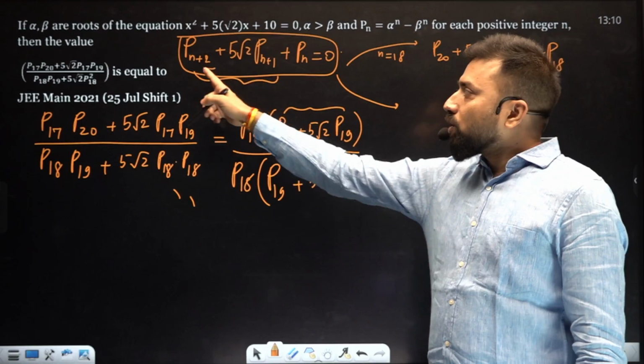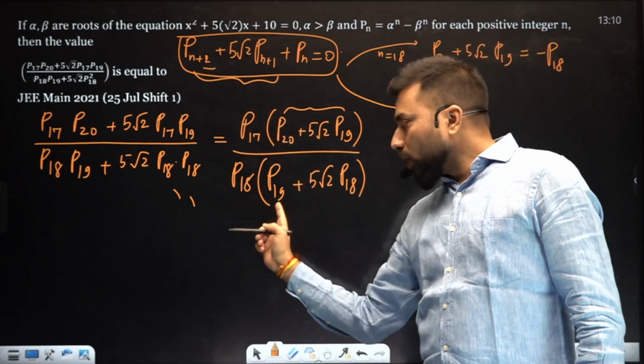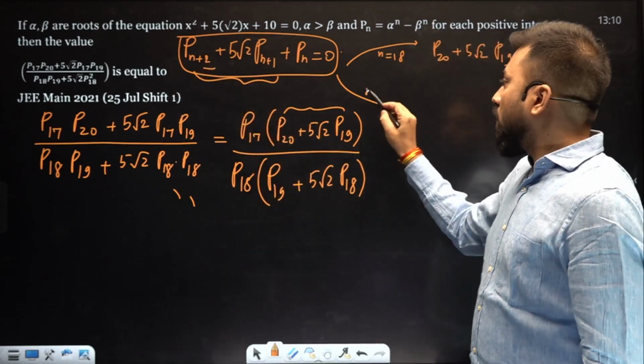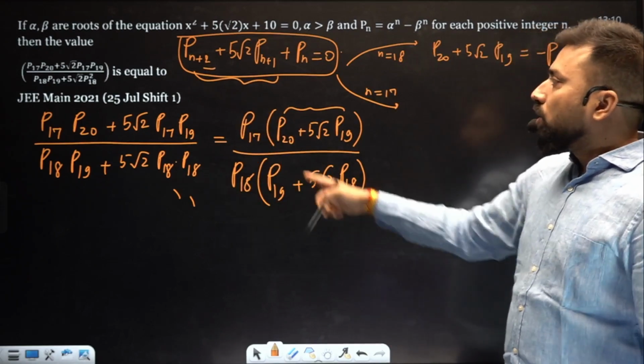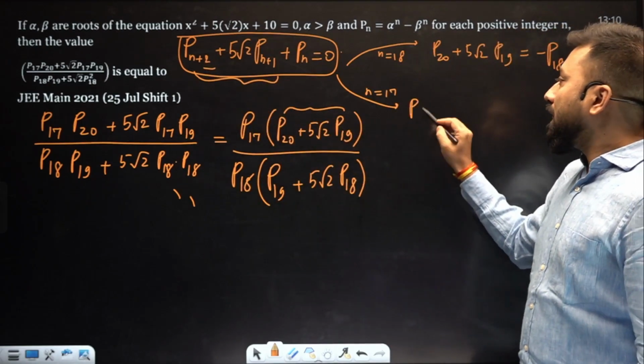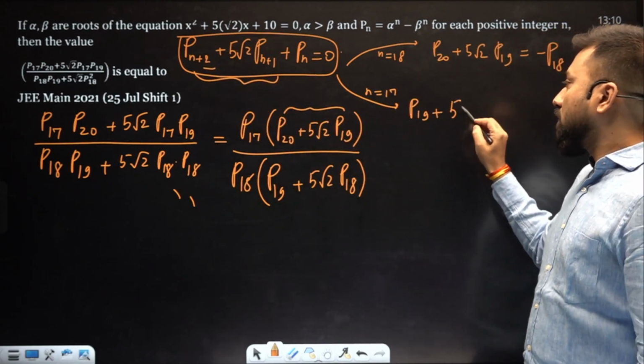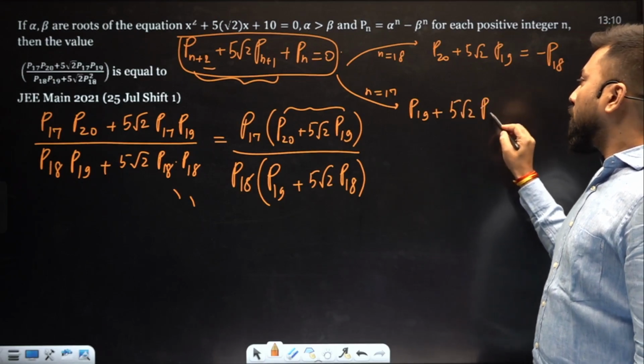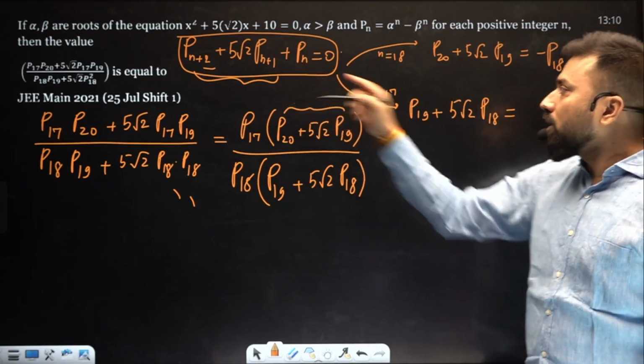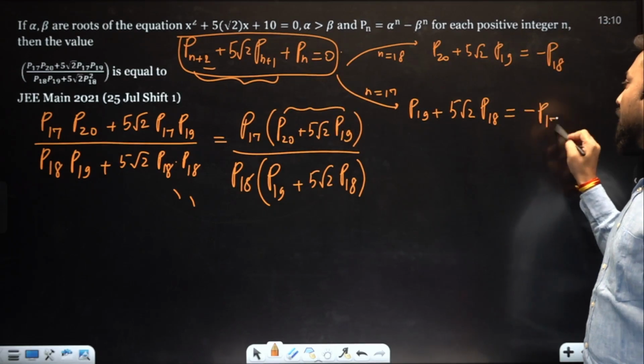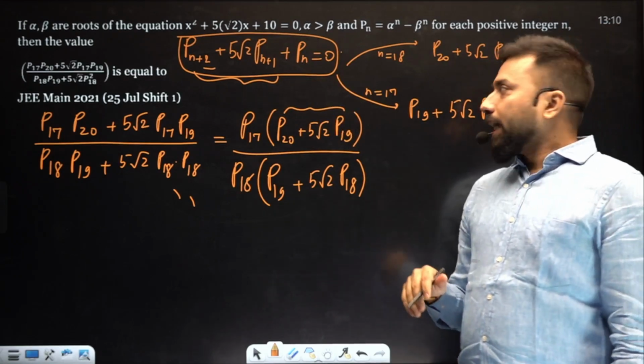So here n is equal to what? 17, right? So if you put n equals 17, P19 plus 5 root 2 P18 is equal to minus of P17, right? I hope this is clear.